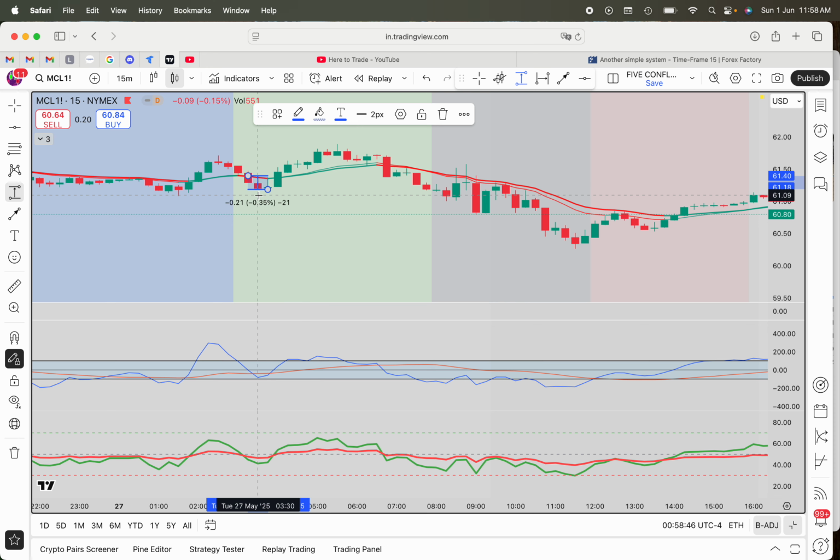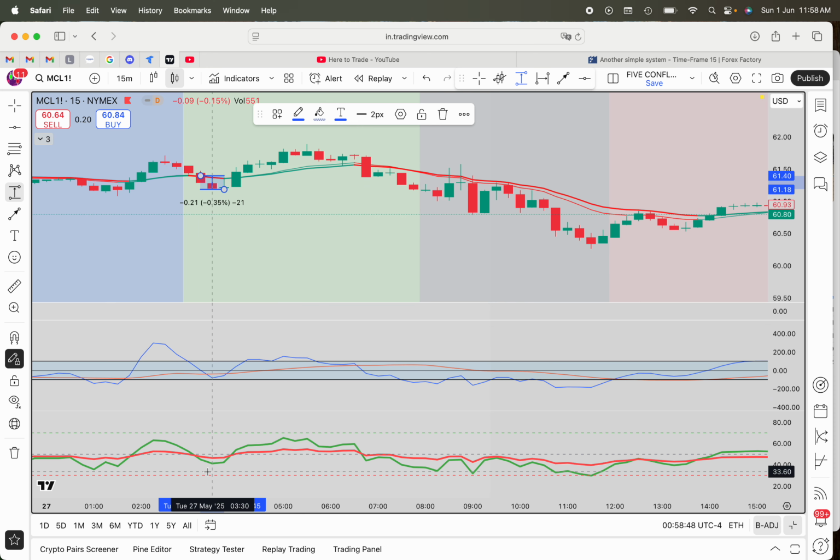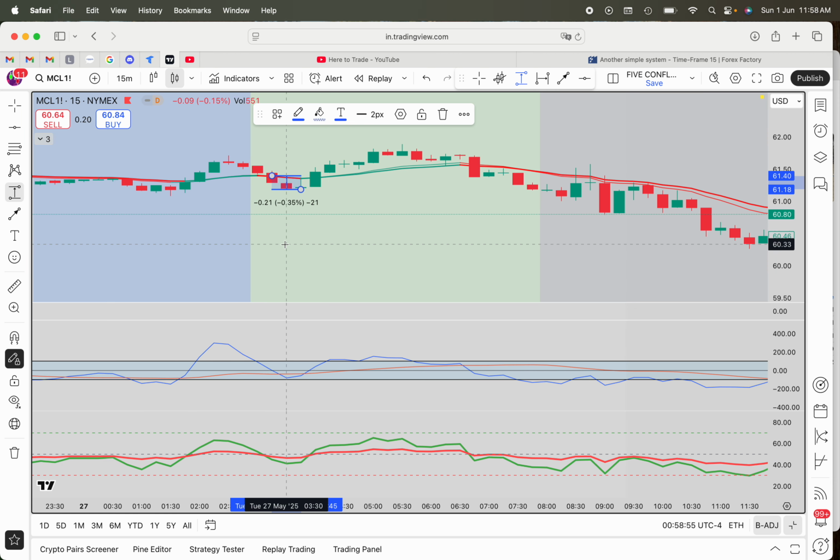When do you get out? If you were to get out based on this RSI cross, you'd get out when that crossed over, which would have been way up here. If you use my CCI, you get out when the CCI is crossing back through the moving average. Okay? So the CCI won on this as far as getting out.